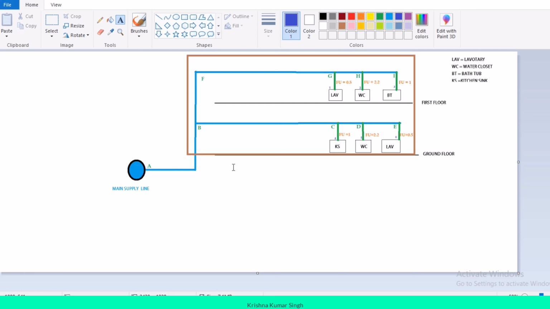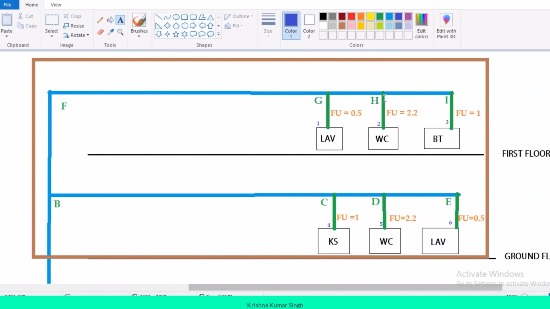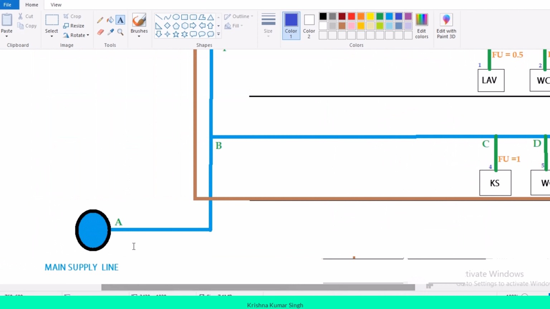Step 1 was assigning fixture values to these fixtures. Step 2 is putting the fixture values to these sections. I have divided my pipe into different sections. From this main supply line, this is point A and B, this is section A-B.